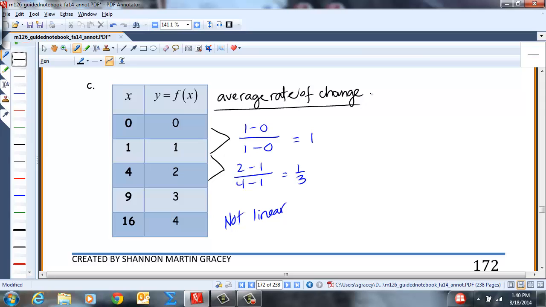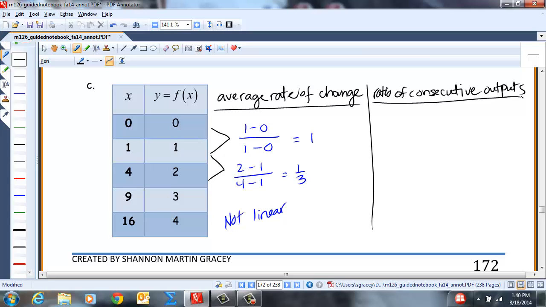So now, ratio of consecutive terms, or consecutive outputs, we'll say. Actually, this is problematic because we can't do the ratio of the first two. Do you see that? Because we'd get 1 divided by 0, and that is undefined.